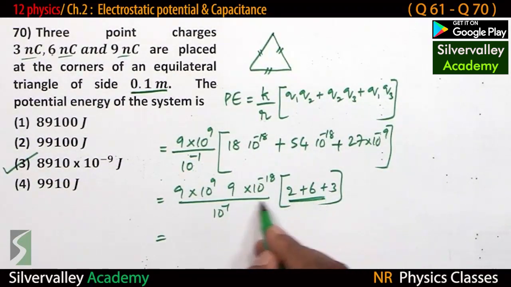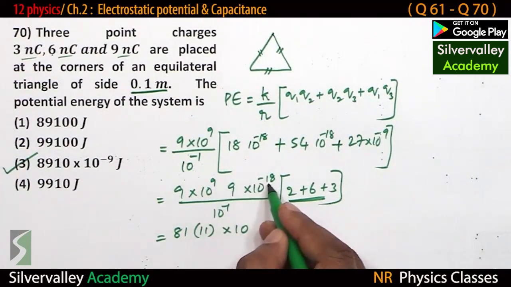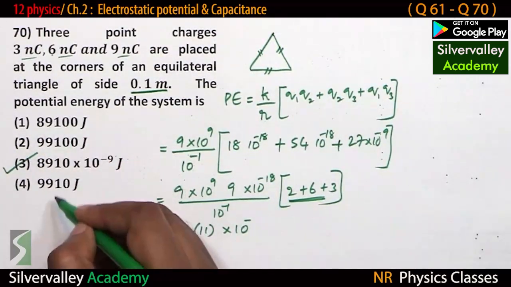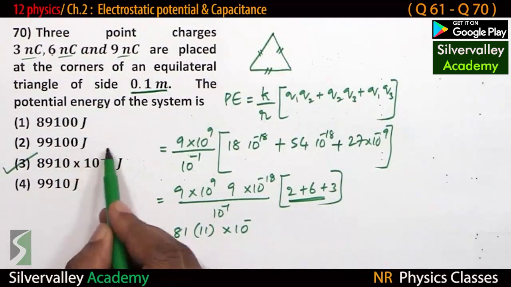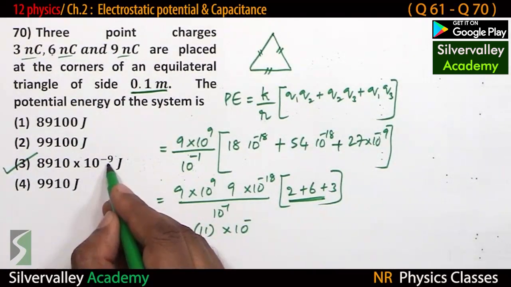This is 11. 9 into 9 is 81 times 11 into 10 power. So we are left with 10 power minus some number, and 81 into 11. Look at these options, either it should be 991 something or 891 something, with 10 power. So this should be the answer.